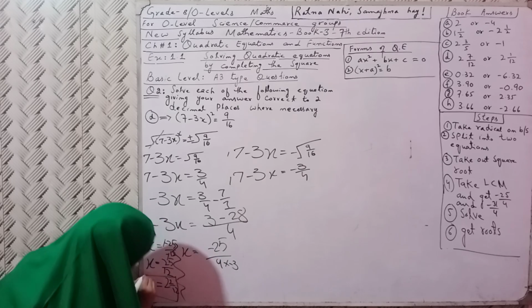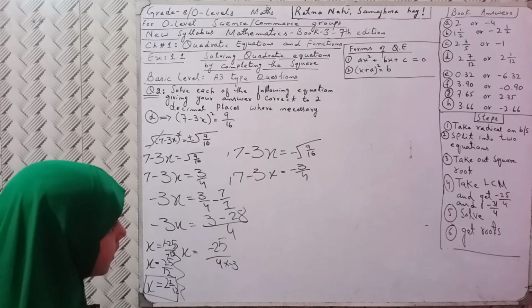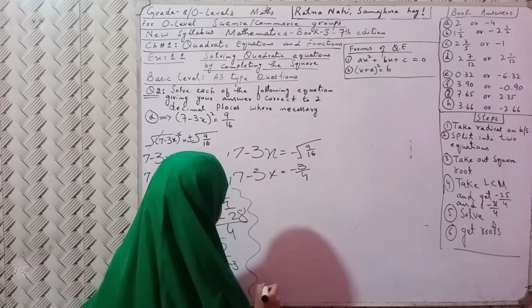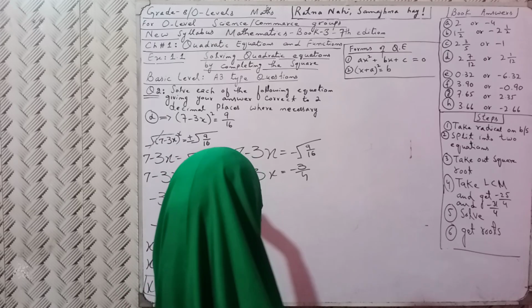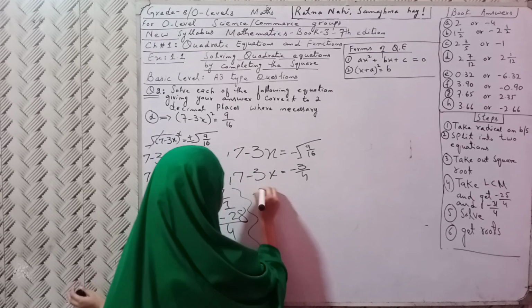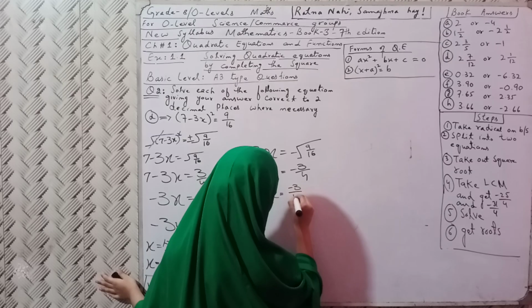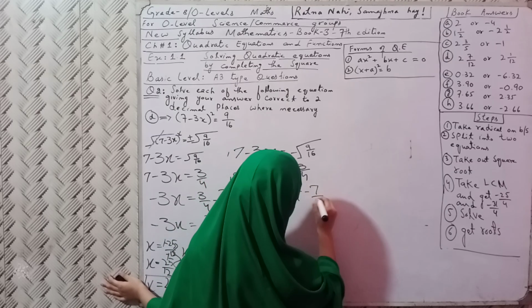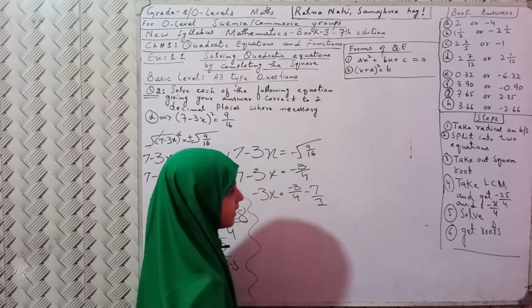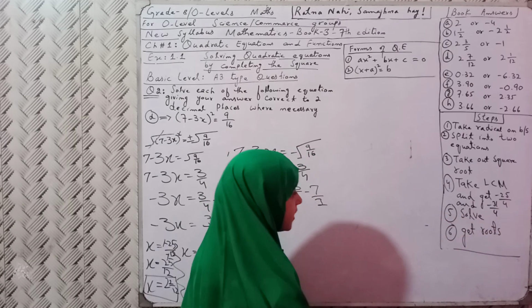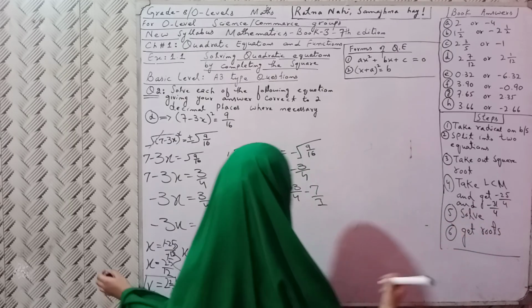Okay. Now here we will do the other one. This 7 will go there as minus 7. Minus 7 upon 1. Then we'll take LCM and get minus 24 upon 4. Done this, and minus 31 upon 4.